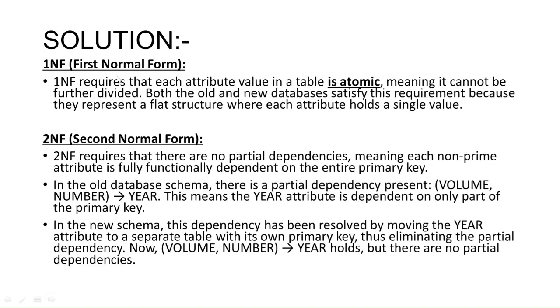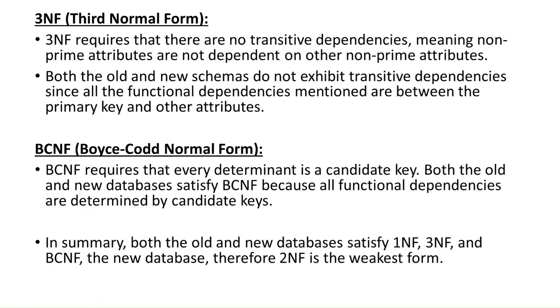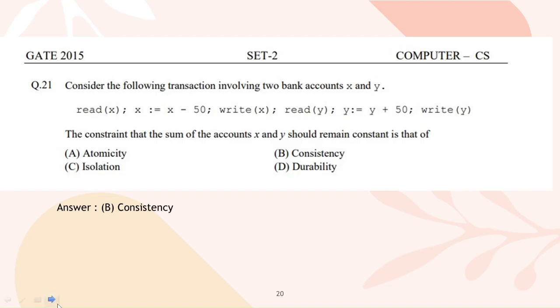And here's the solution given, describing the unique attributes of each of the normal forms. And by studying every attribute of every normal form, we conclude that the answer would be the second normal form for this question.